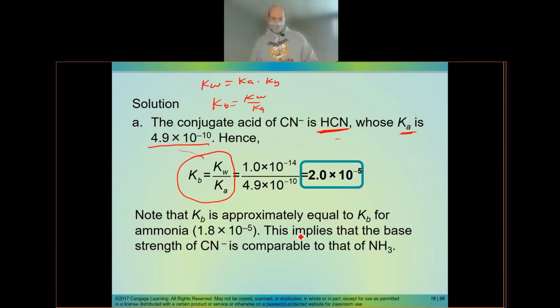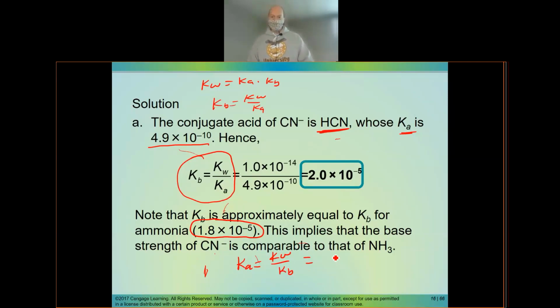All right, so we do the same thing for NH3. Here is the Kb for ammonia, NH3, and we want to find the Ka. So to find our Ka, we simply take the Kw and divide by the Kb. When you're solving for Ka, divide both sides by Kb, and then you plug it in.